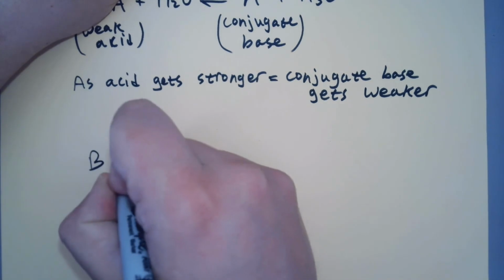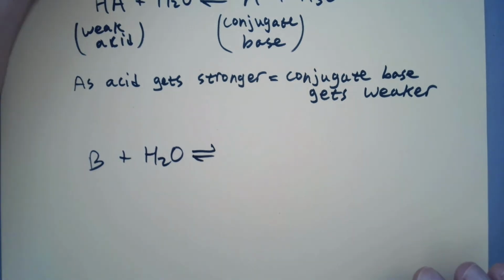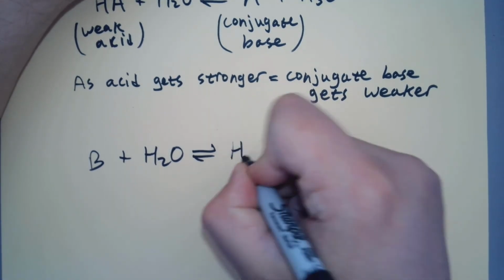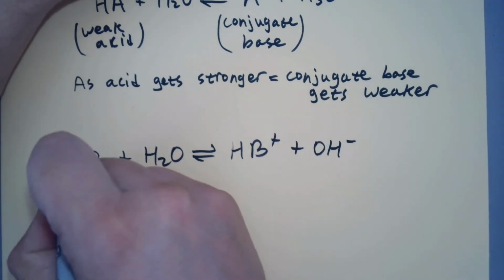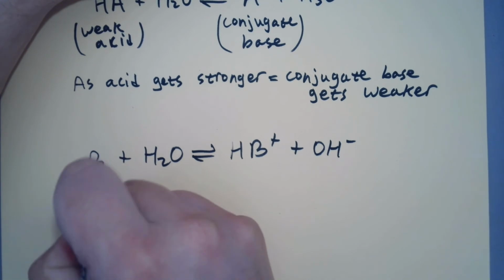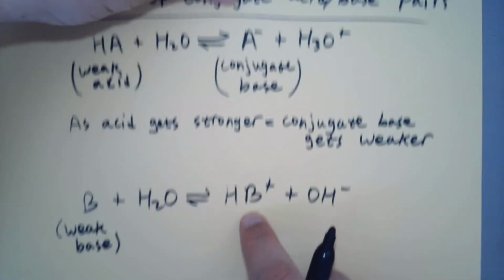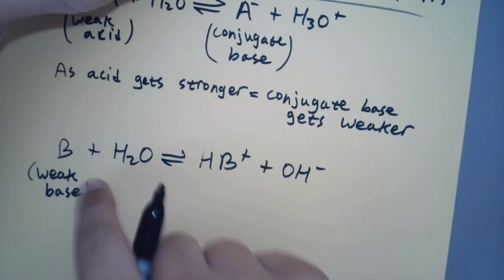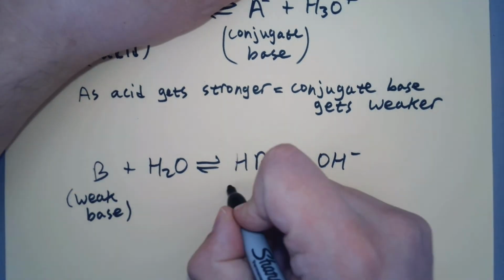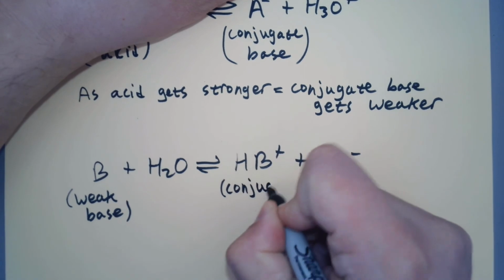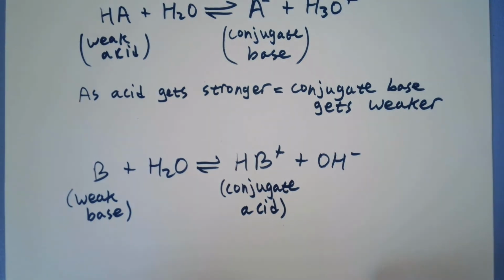So if we look at weak bases, right, old hat, you've seen this now for like 5 minutes. We get the following. And so we have a weak base. And so guess what we call this? Well, if a weak acid has a conjugate base, a weak base is going to have a conjugate acid. So that's what's going on there.